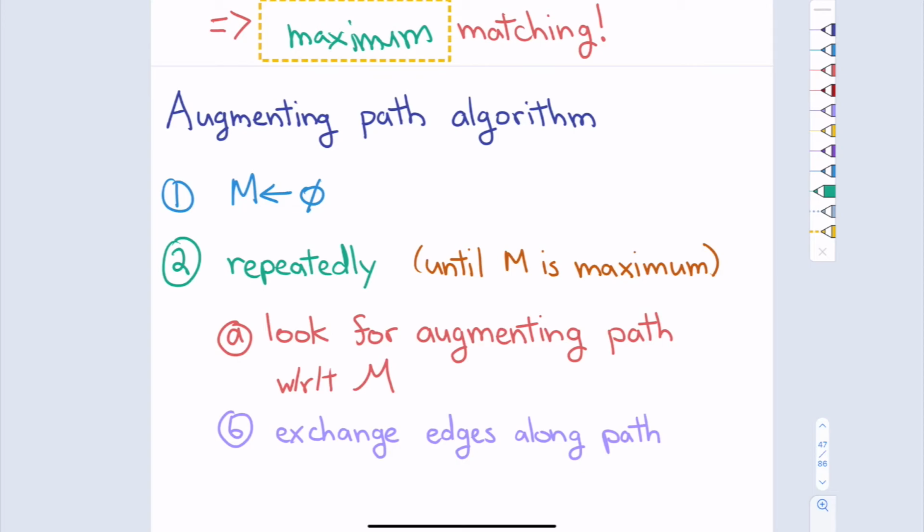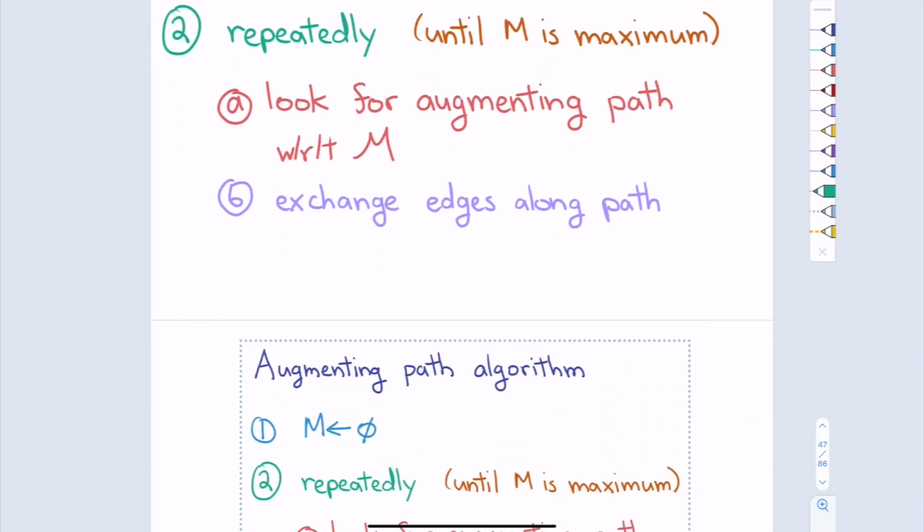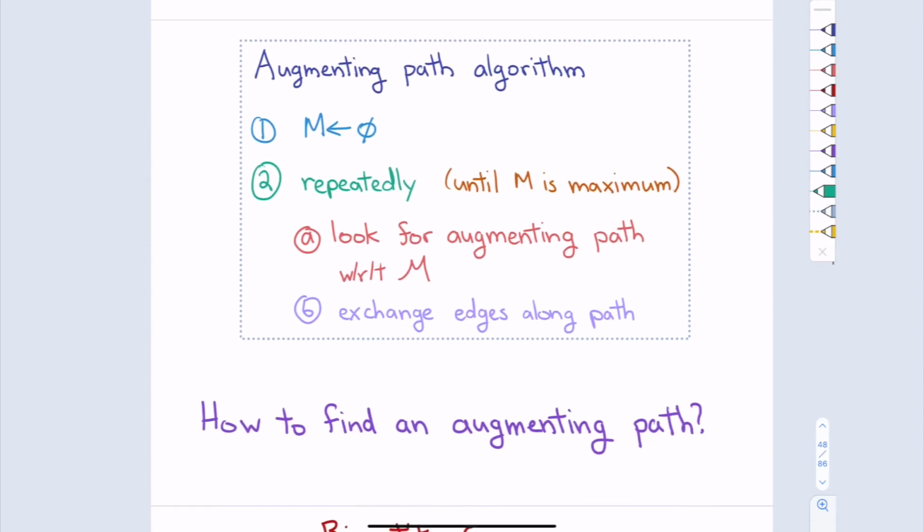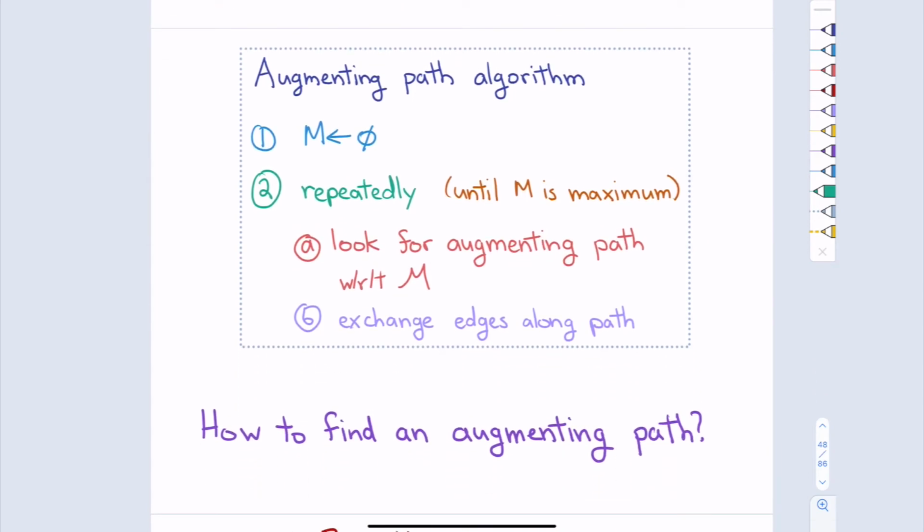This looks simple, but there's one unanswered question, which is how do I find an augmenting path?